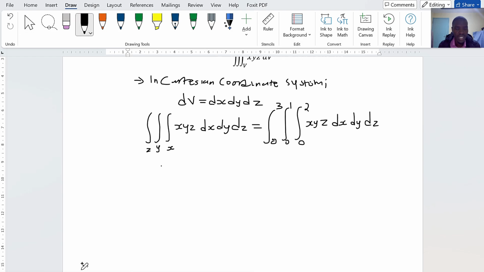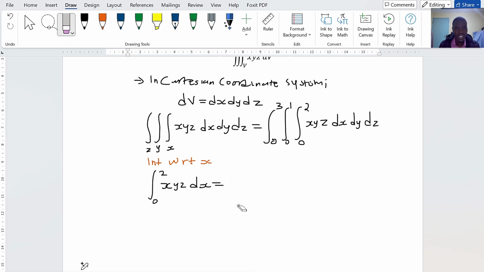Okay. So what are we going to have? The first case, we start with x. So we integrate with respect to x, our first one, inside out. We have 0 to 2, xyz dx.